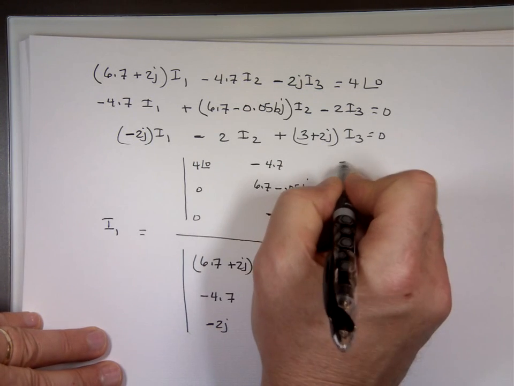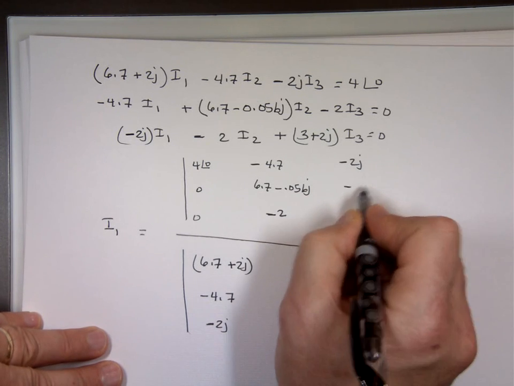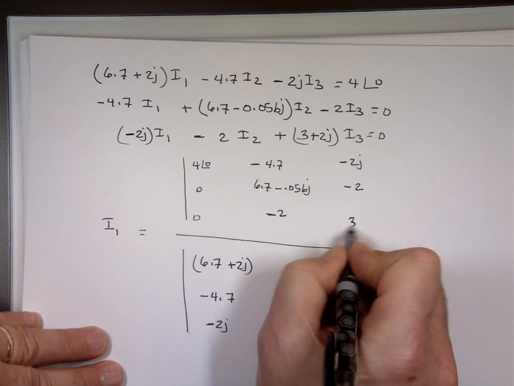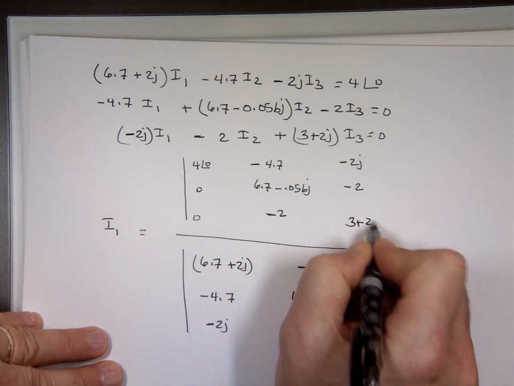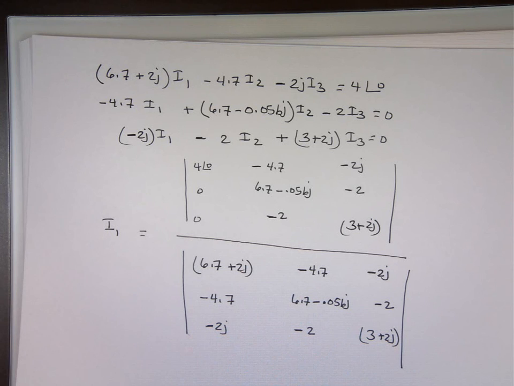You can use Mathematica if you know how to use Mathematica, and that'll give you I sub 1. Then you can find I sub 2 and I sub 3.